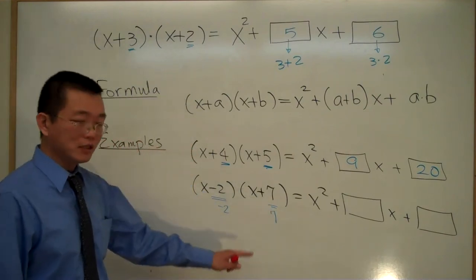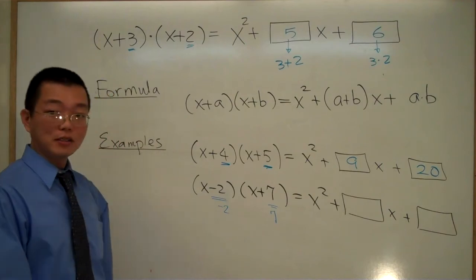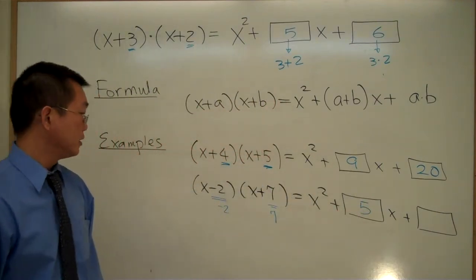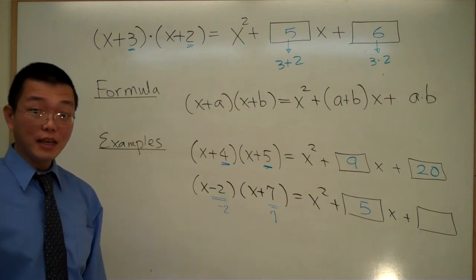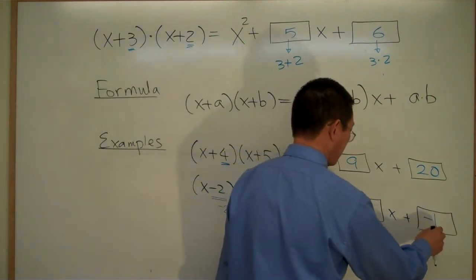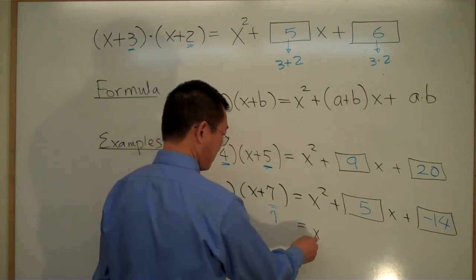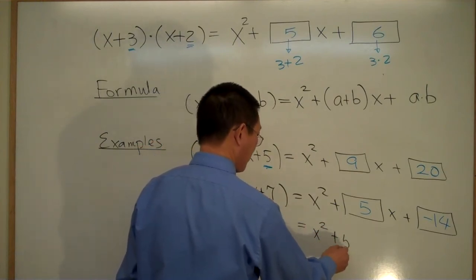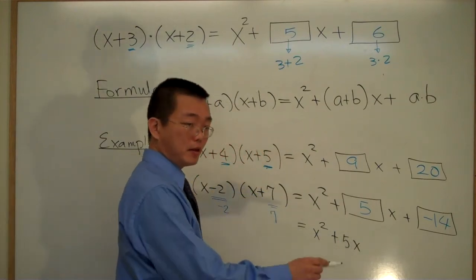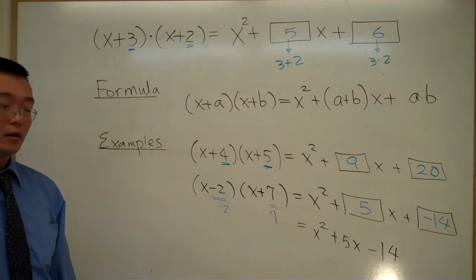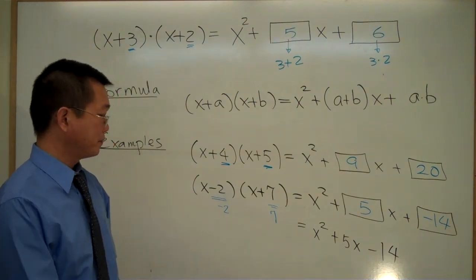So a is -2 and b is 7. Their sum is 5, so I put in 5 for the coefficient of x. And also -2 times 7 is -14, so I put -14 here. Just to write it in a clearer way, adding -14 is indeed subtracting 14. And that will be our answer.